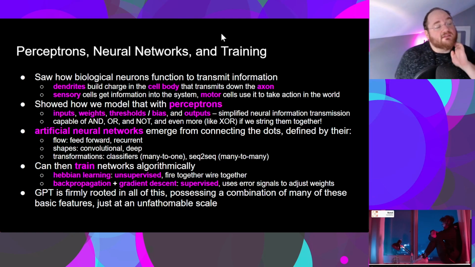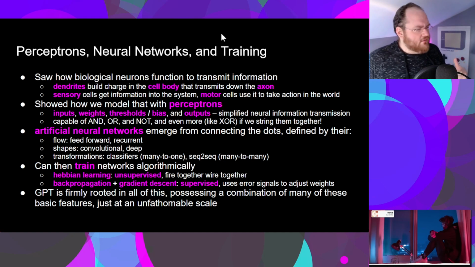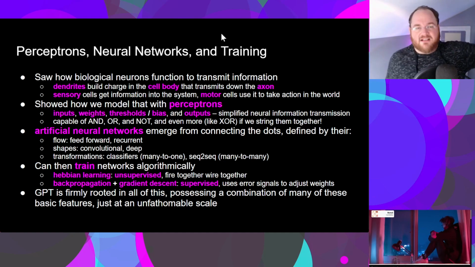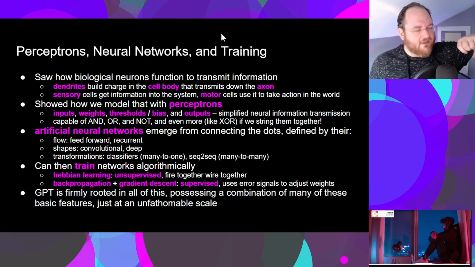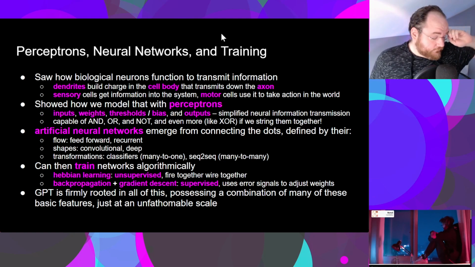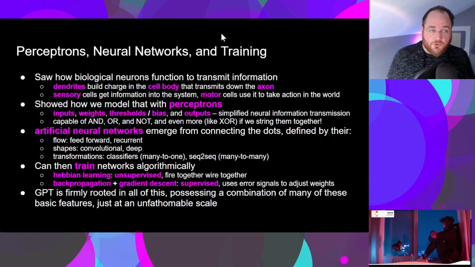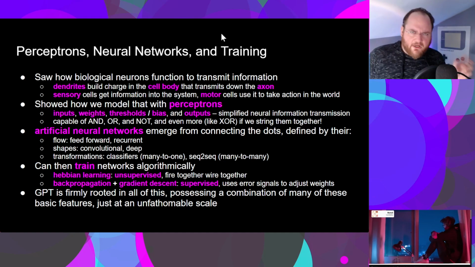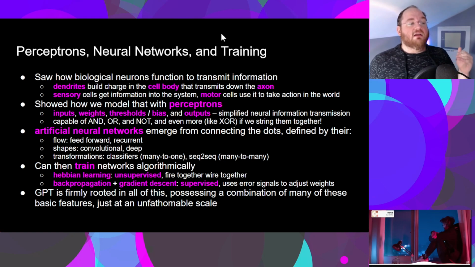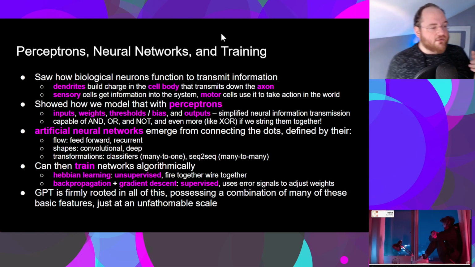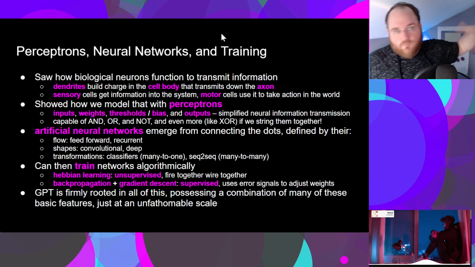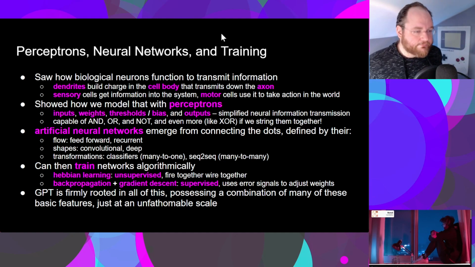We showed how we model that process with perceptrons, which we've simplified into their inputs, binary, weights, thresholds for firing, or bias in other models, and outputs, 1 or 0 again.